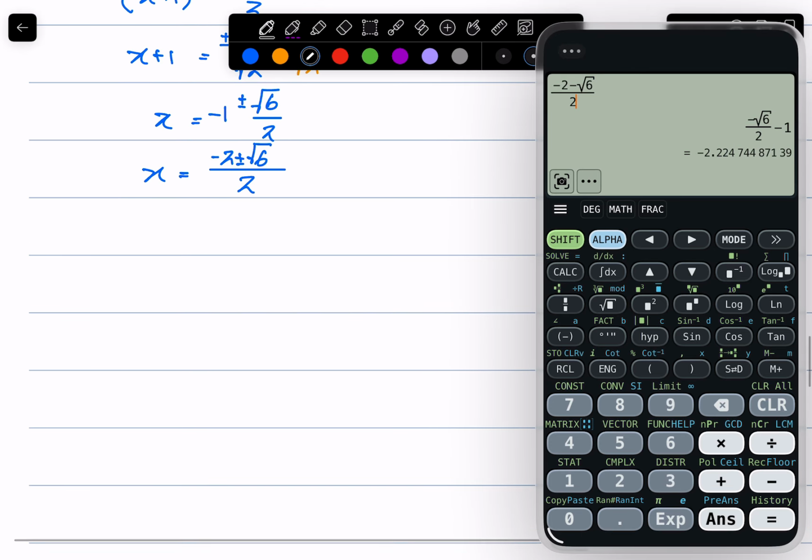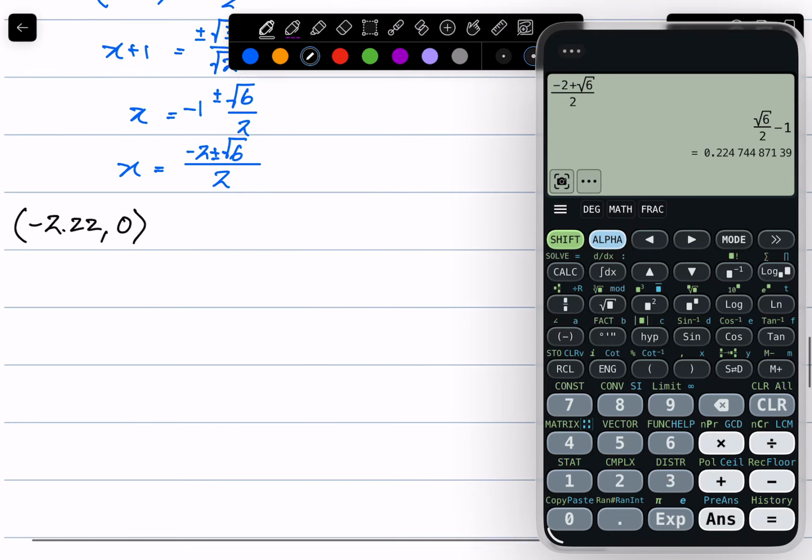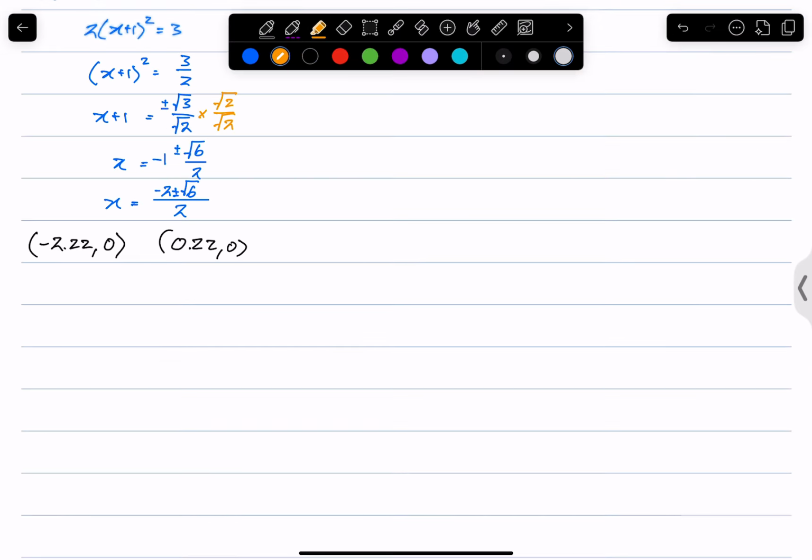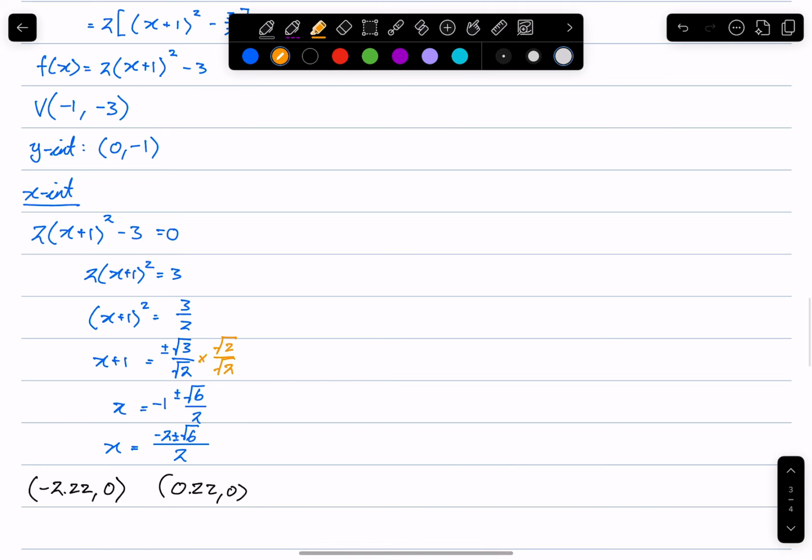This gives us the first x-intercept is negative 2.22, 0, and the other is going to be 0.22, 0.